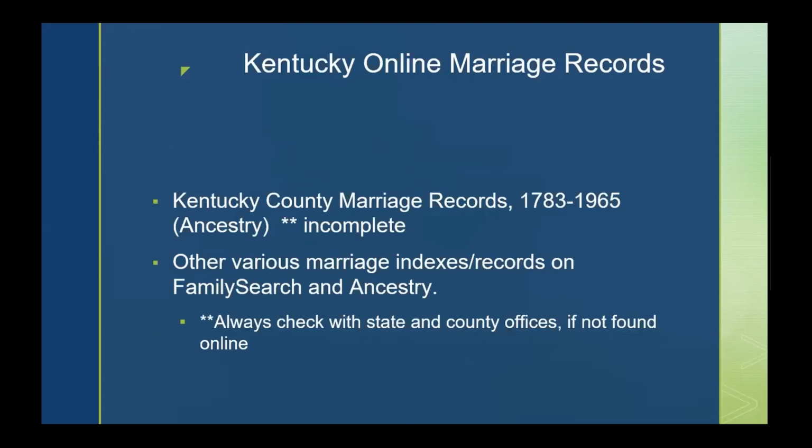That is probably not true. You would want to contact the county clerk and also the state archives to get an idea of whether marriage records were kept for the time period that you need for a particular county and where you can access those marriage records, because they're not all online.